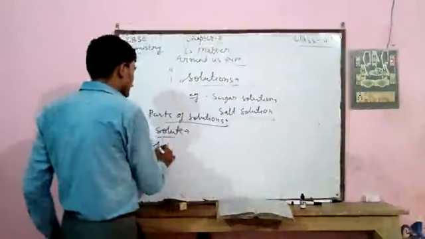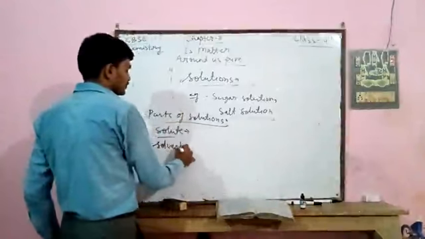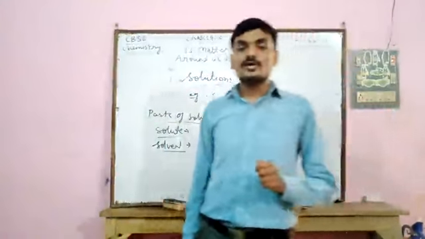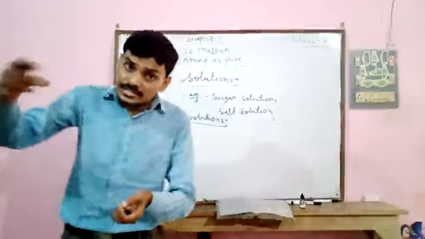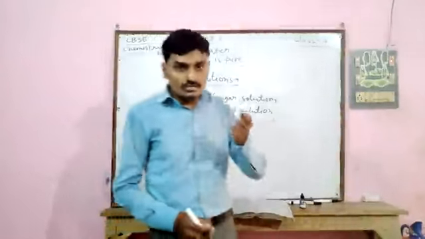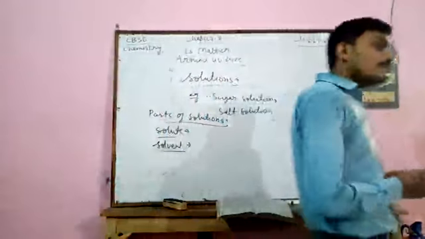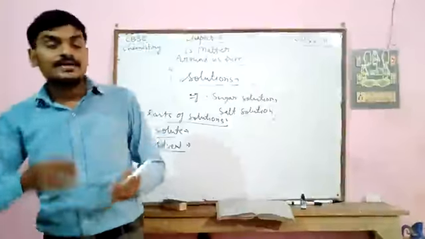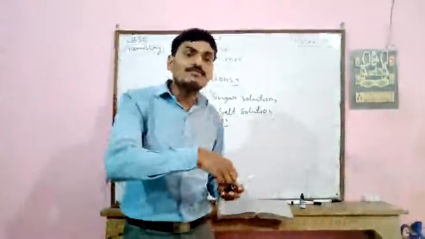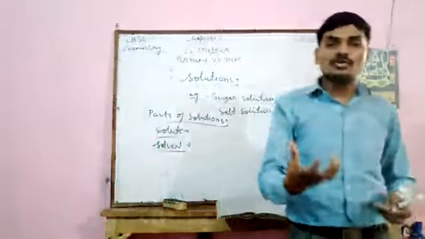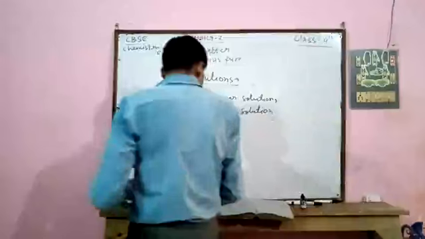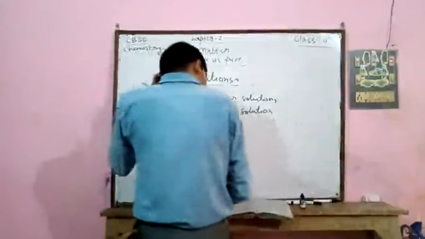The second one is solvent. The part of the solution in which the solute is dissolved is known as the solvent. For example, in a salt solution, salt is dissolved in water. So salt is the solute and water is the solvent. These are the parts of a solution.